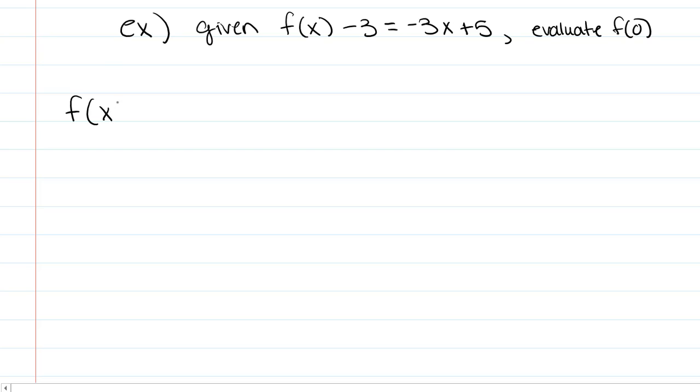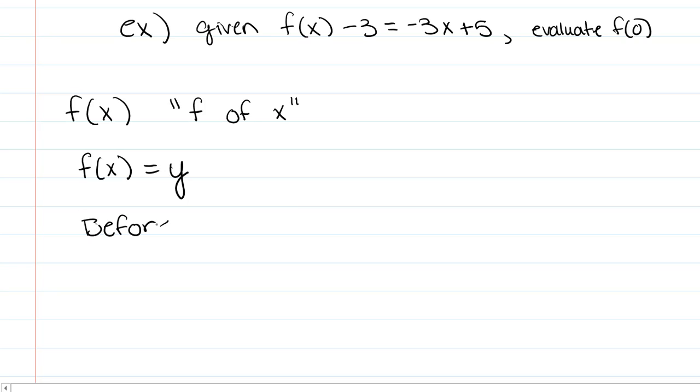We have this new symbol, f of x, and the way we say that is literally f of x. This is going to be our new version of y. So sometimes we say f of x equals y. Before, when we see an equation, just as an example, we would have y equals negative 3x plus 10.